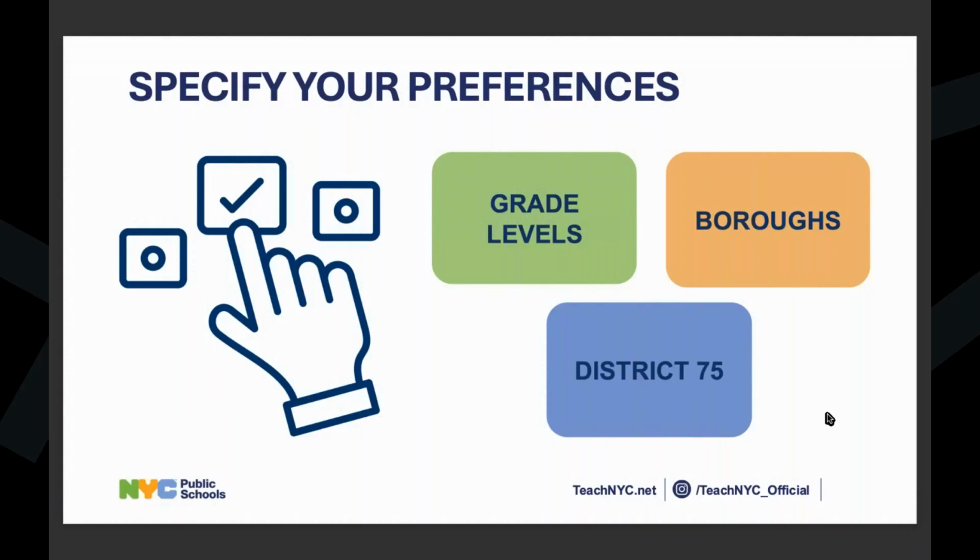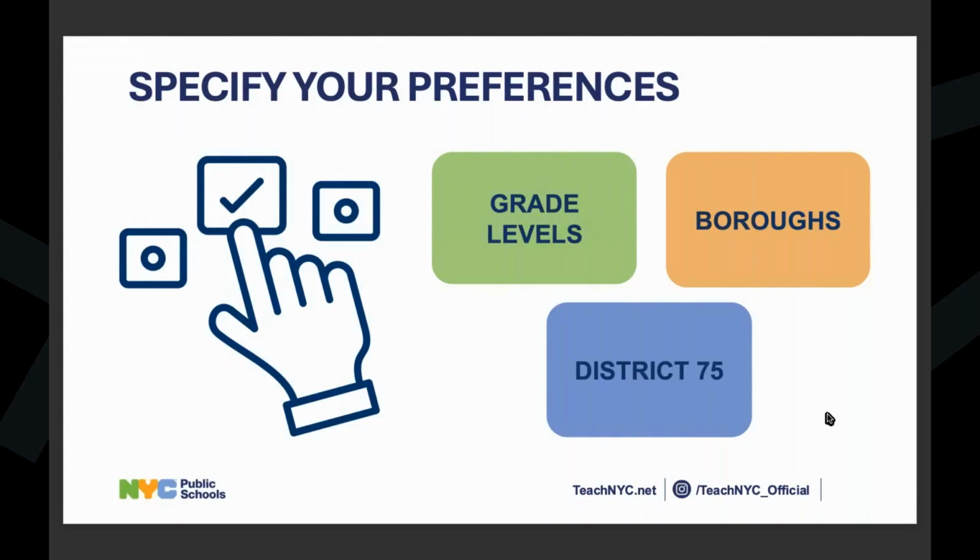You can also select a borough preference, so you can indicate the locations you'd be most interested in finding a job. As you might know, New York City Public Schools is the largest school district in the country, operating over 1,600 schools across the 5 boroughs. Therefore, understanding your preferences in terms of where you'd like to work is really important for our staff.